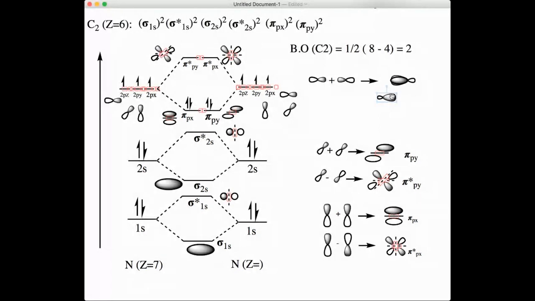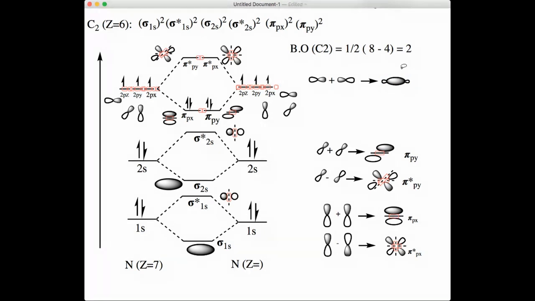I try to do a better job here, drawing this. That looks prettier, okay? This is exactly how I wanted it to look. So that exactly looks like a sigma because it's cylindrically symmetrical.